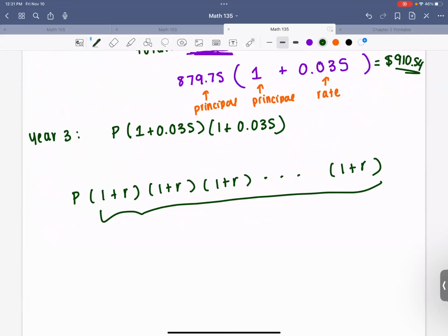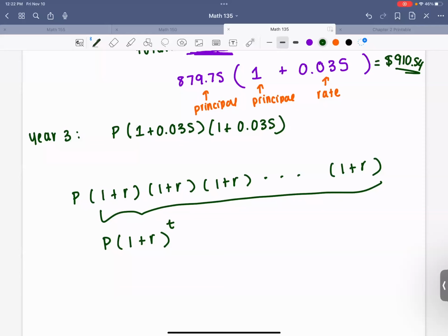So an easier way to write this is P times 1 plus r to some sort of power. I know it's kind of weird the way I set it up this time. I should have thought about it better. But normally we define the question where the number of years is the exponent. It doesn't really match up in this one, but normally the way the question's worded, t actually ends up being the exponent of this.